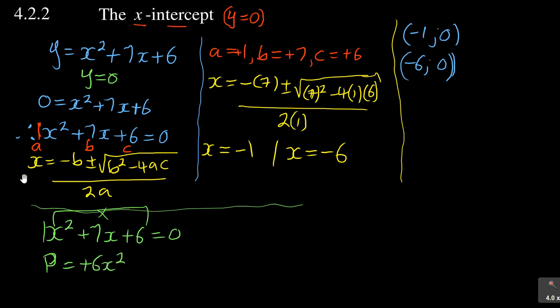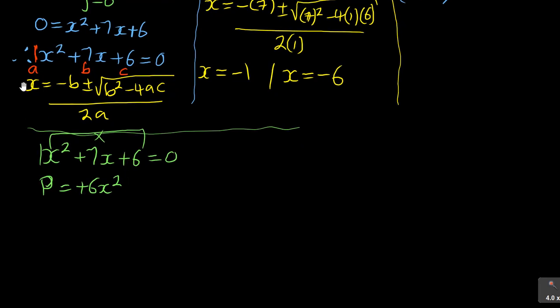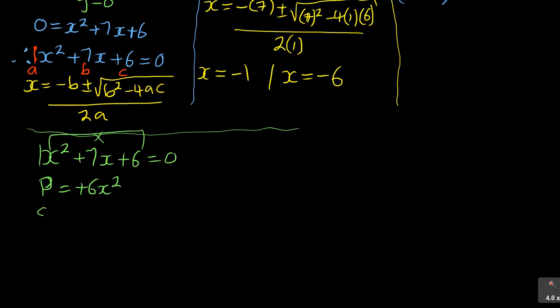That is my product. And the next thing is my sum is equal to plus 7x, and my factors, which are the factors of 6, is 1 and 6 will give me a 6, and 2 times 3. Now from these two, the one that can give me a 7 is the first one there.